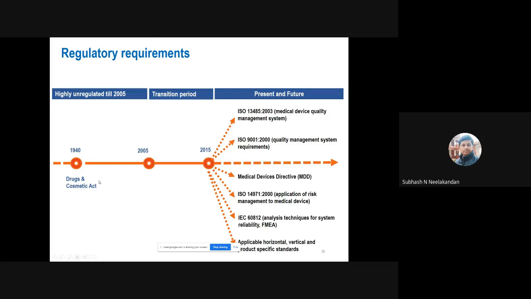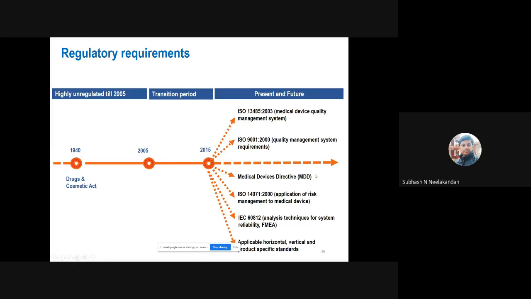This issue continued till 2005. From 2005, there has been a major effort from the national level, from our institute level, and from many such key government players in R&D to make this highly unregulated domain into a regulated domain. It took at least a decade or more for the government to come up with a rule.